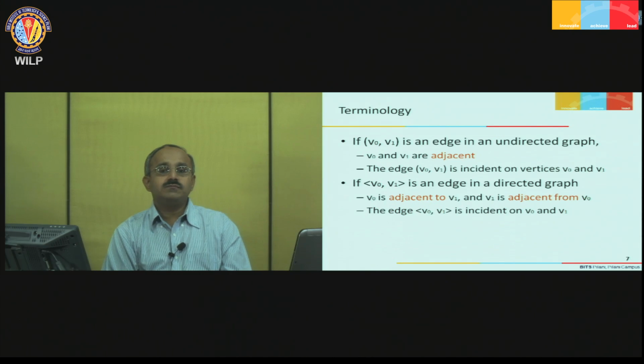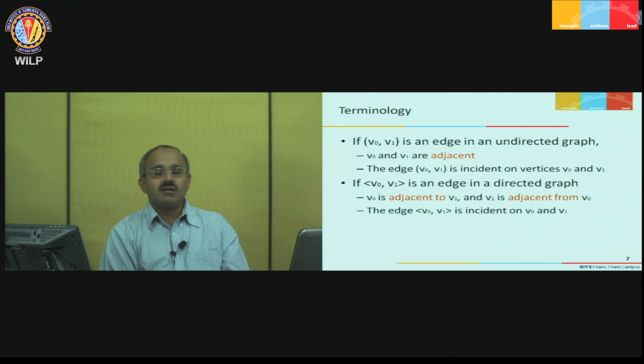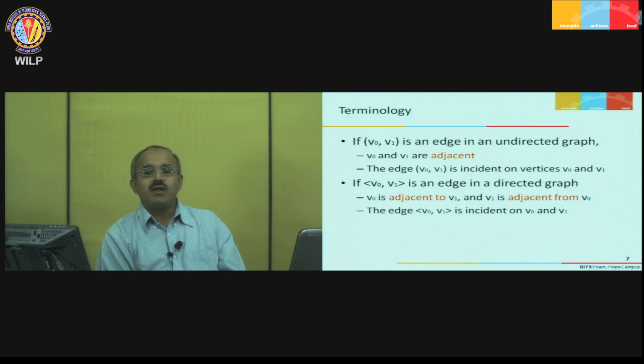Some more terminology. If you have an edge (V0, V1) in an undirected graph, we say V0 and V1 are adjacent to each other. So, the adjacency relationship in an undirected graph will be a symmetric relationship, whereas in a directed graph it is not going to be a symmetric relationship. So, if (V0, Vi) is an edge in a directed graph, V0 is adjacent to Vi and Vi is adjacent from V0.